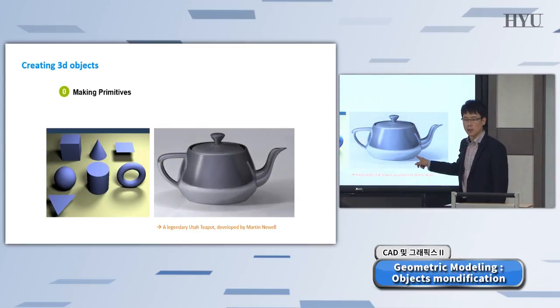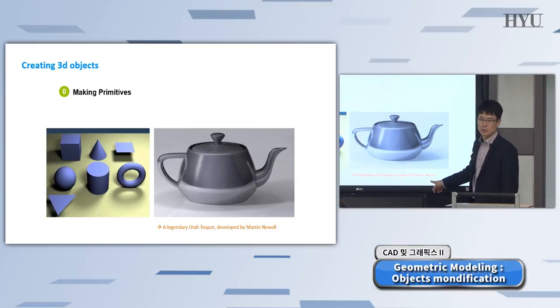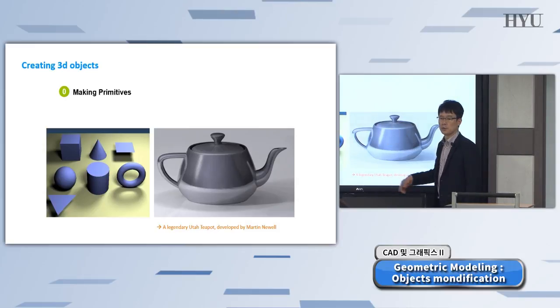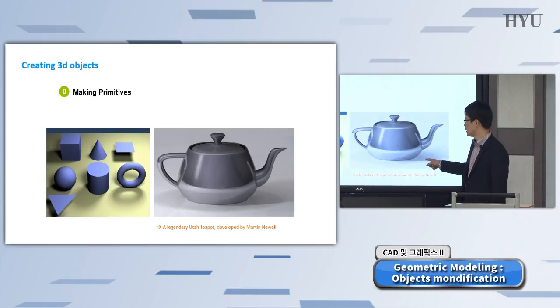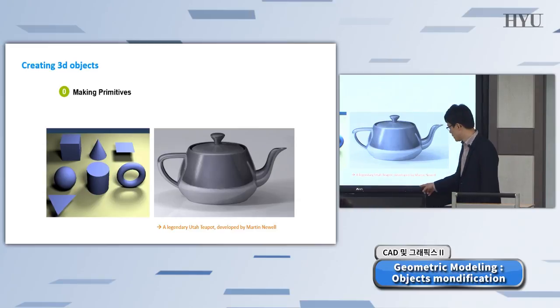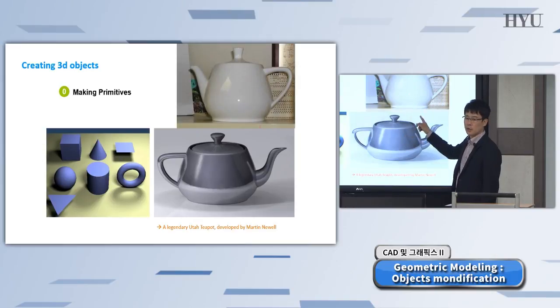Specifically, there is a teapot in 3D Max, okay? We used this one for the example render, but this one is actually not a primitive geometry but defined in 3D Max, developed by Martin Newell. It's the legendary Utah teapot, okay?